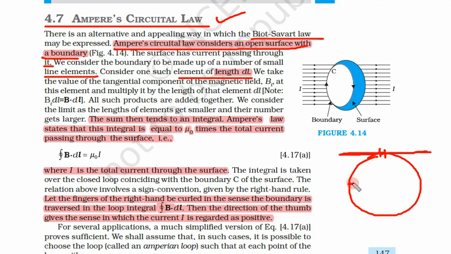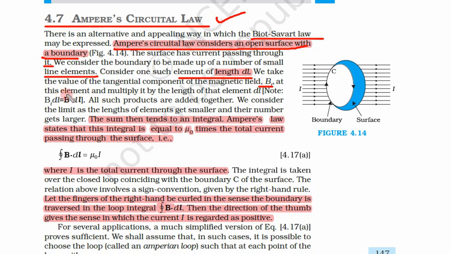For this part, the tangential would look something like this. So we take the value of the tangential component of the magnetic field as Bt. The components which are parallel to that small element are called tangential components.